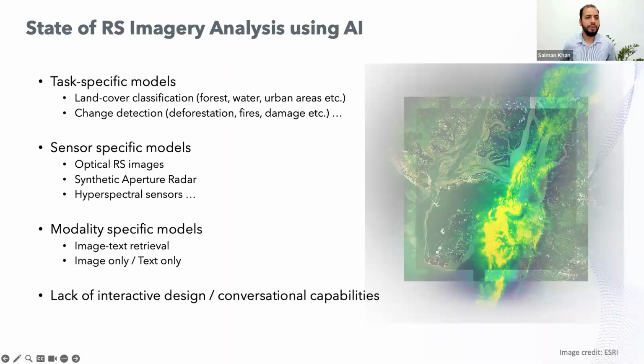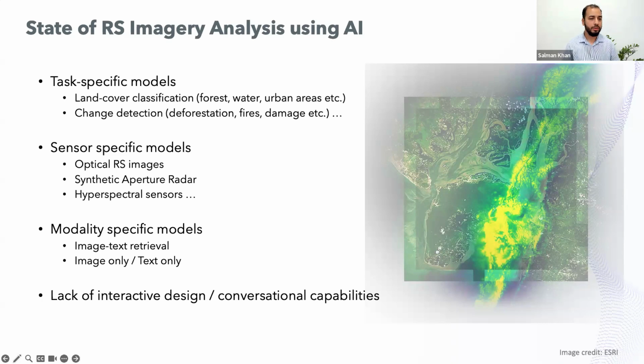If you look at the recent remote sensing image analysis approaches using artificial intelligence, we generally find models which are task specific. For example, one model will be trained and used for land cover classification. It can take in an image and classify whether this image belongs to the forest category or the water category or urban area and so on.